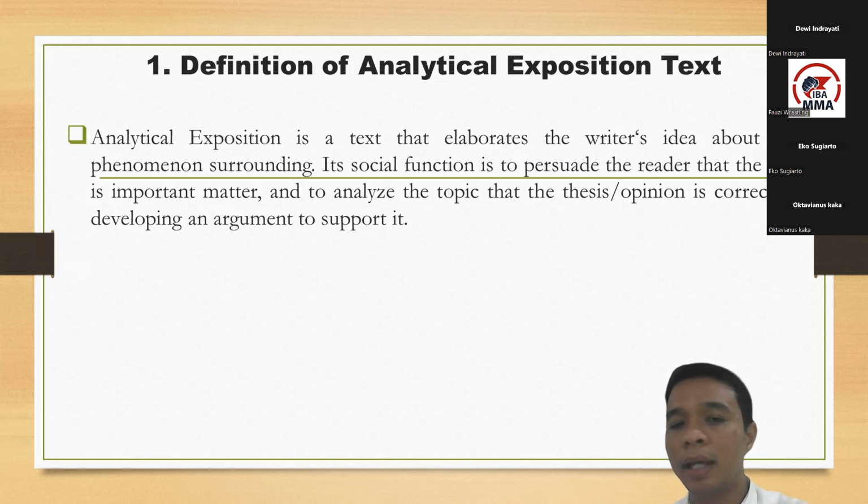So it highlights the social function to persuade the reader that the idea is an important matter and to analyze the topic that the thesis or opinion is correct by developing an argument to support it.